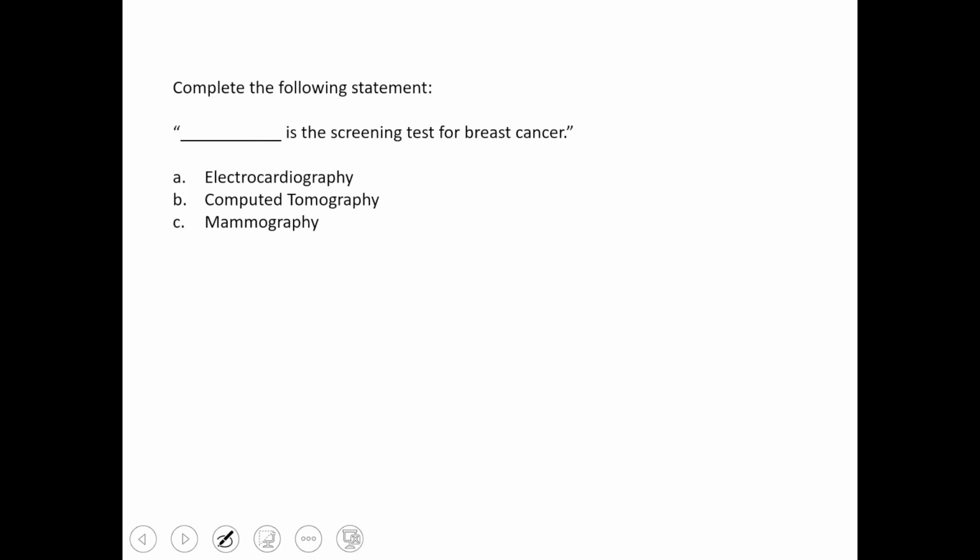Mammography will be done at stage 1, when it is primary, when the doctor identifies that its size is very small and the breast tissue is not in the lymph nodes. But if it has spread in the body, or the size is about 50 in diameter, then they do electrodiography or computed tomography.